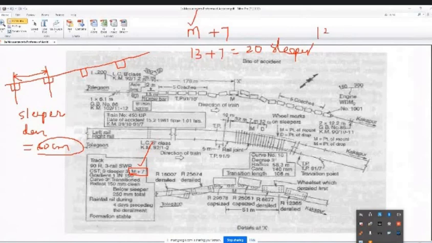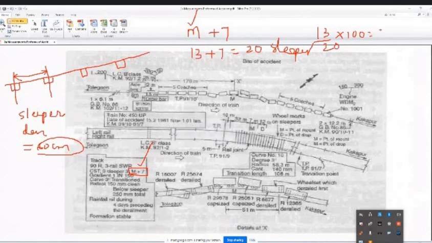So 13 divided by 20, into 100, will give you the sleeper distance. Does anybody have a calculator with you? You calculate this. So 13 divided by 20 into 100 will give you 65.